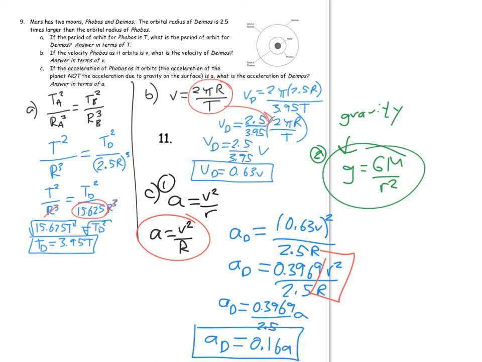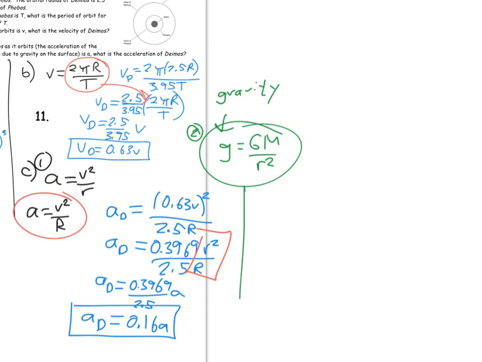So that's one way of going about this problem. I could, though, like I said before, also use little g, the acceleration due to gravity, because whenever an object's in orbit, it is in free fall. Gravity is the only force keeping it moving in a circle, and so its acceleration would be the same as the acceleration due to gravity at that point.